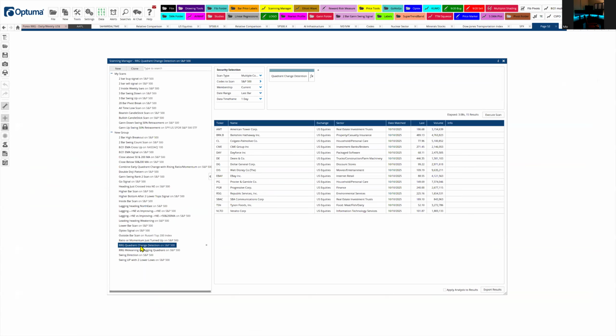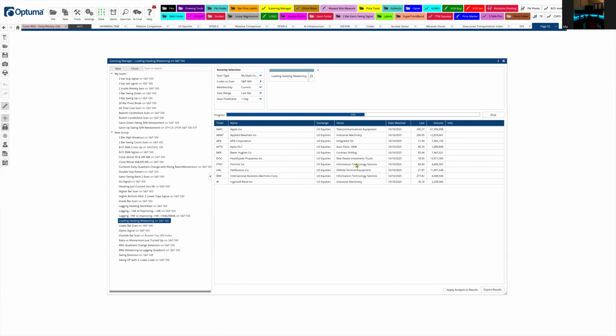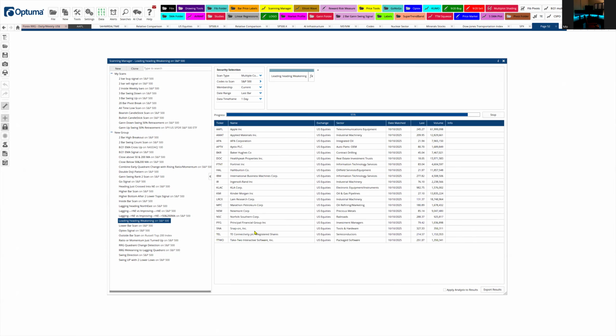You can do a quadrant change, weakening to lagging, then lagging moving in a northeast direction. We're just trying to find a good stock to trade, so this definitely helps. Weakening to lagging, we already did this one. The quadrant change from leading to weakening, we already did that one too.